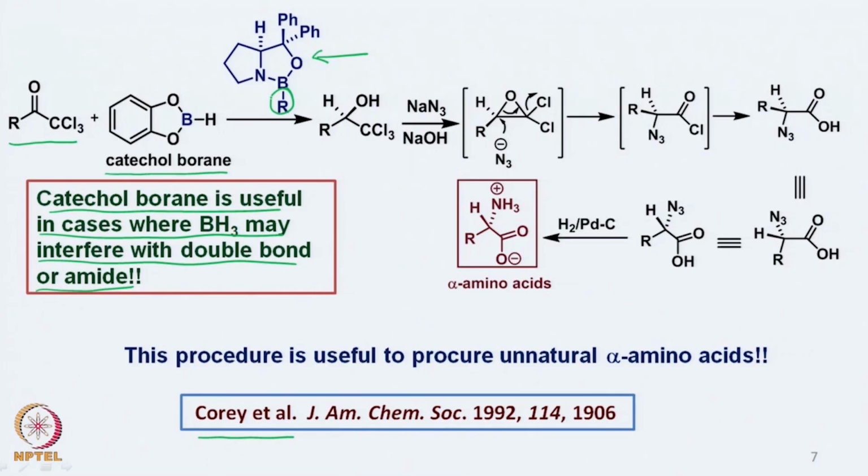the initial Corey-Bakshi-Shibata preparation, and when this reaction was done onto this ketone, they got this particular optically active alcohol, which was treated with sodium azide in the presence of a base like sodium hydroxide.